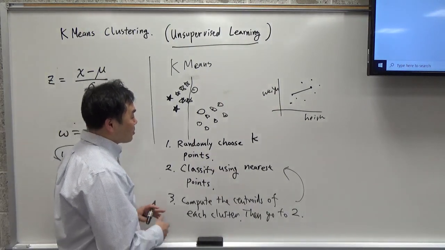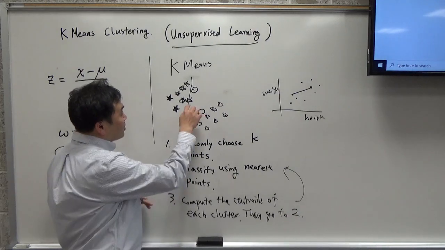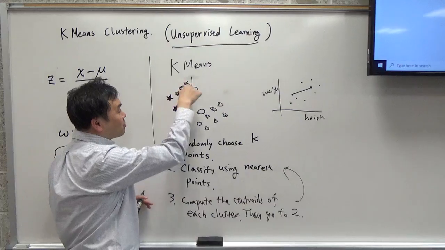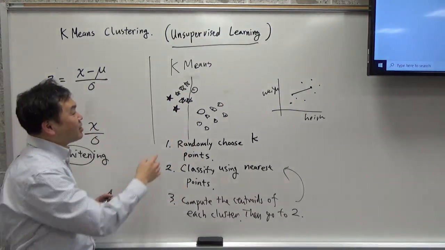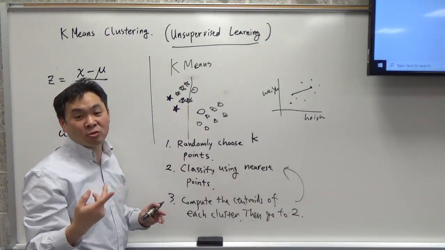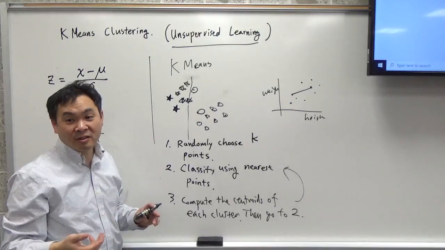But let's see how this third step would go. So here, with 1, 2, 3, 4, 5, 6, 7 points, there is something called the centroid, which is just simply taking all the x coordinates and the y coordinates, or if you have more than 2 feature sets, then it's a vector, right?